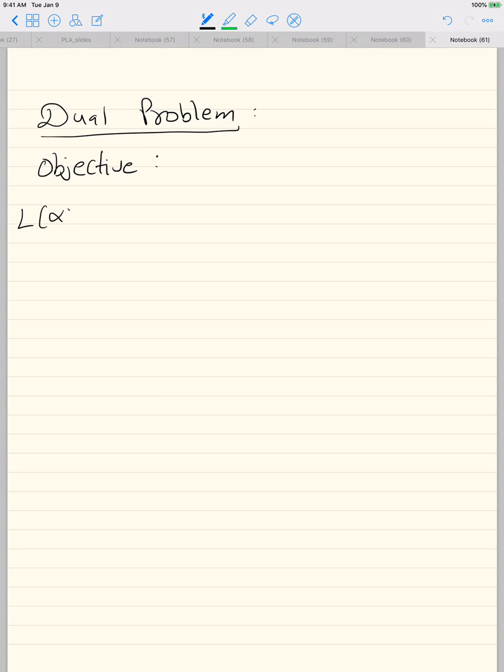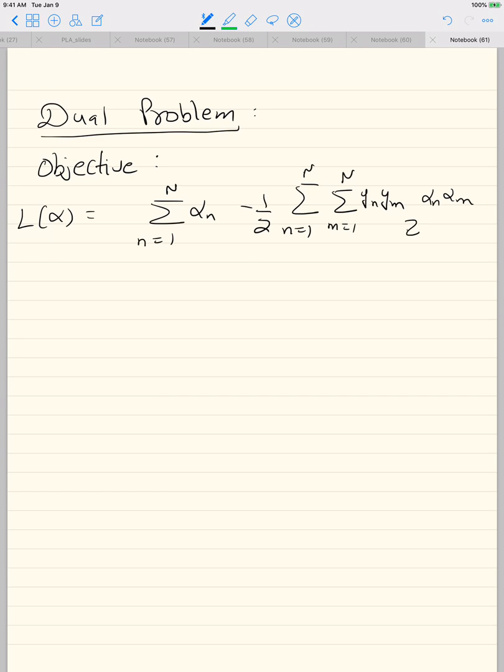We need to compute, for the dual problem, our objective function, which will be L of alpha is the summation of n going from 1 to n of alpha n minus half of the sum over n going from 1 to n and m going from 1 to n of yn ym alpha n alpha m times zn transpose zm.